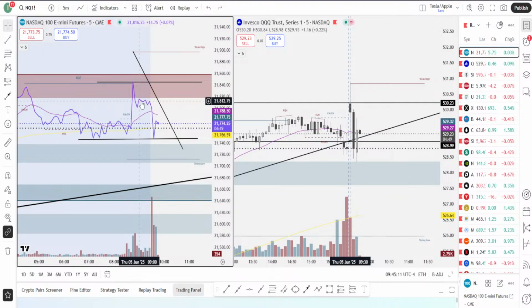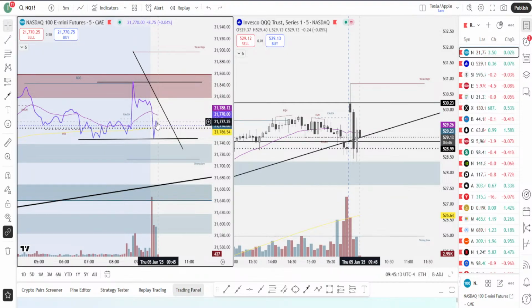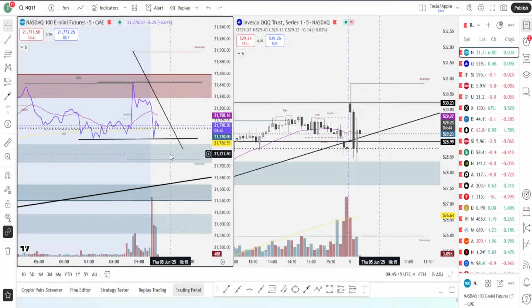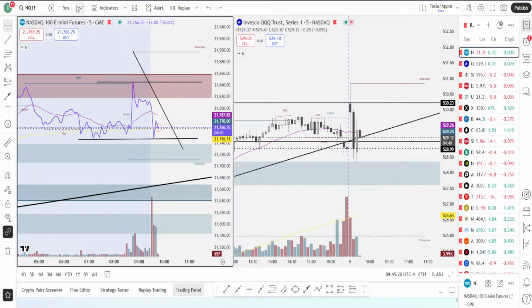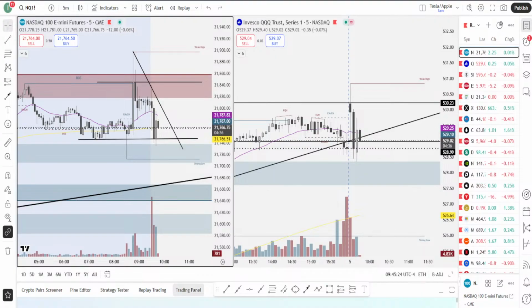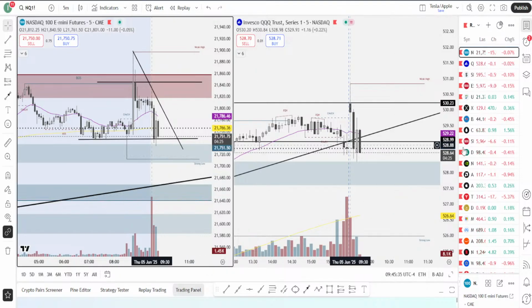Seeing a pullback here coming down strong. We're still below the 21 EMA. I would say this is still looking bearish. This is still looking bearish here.